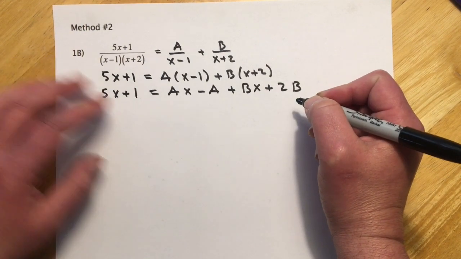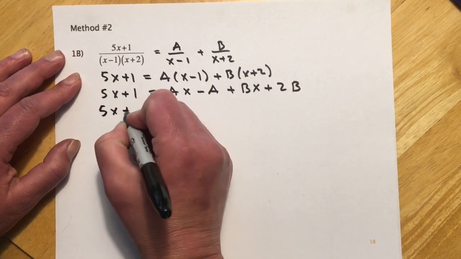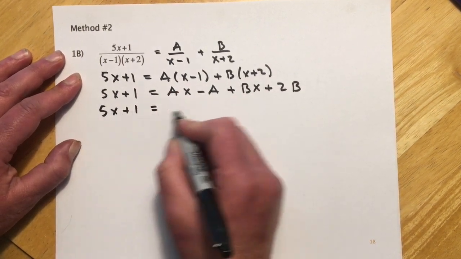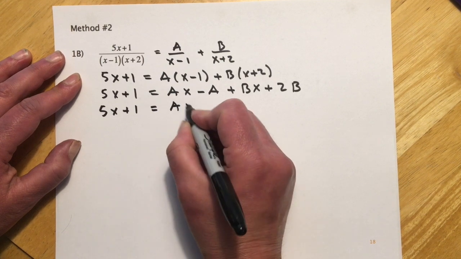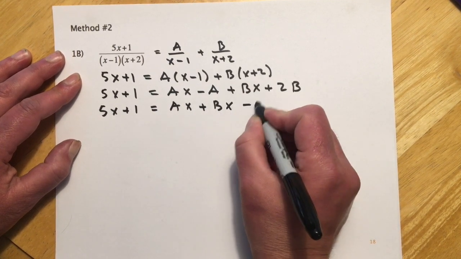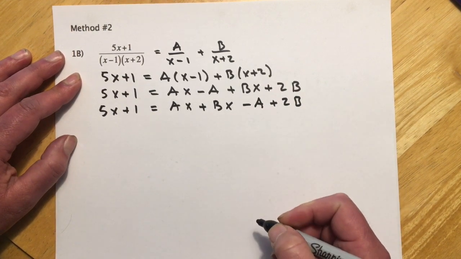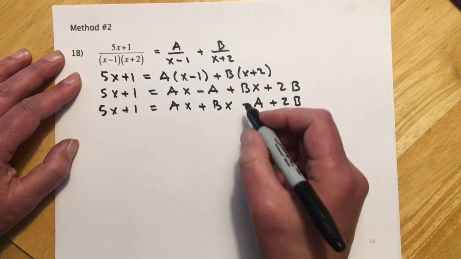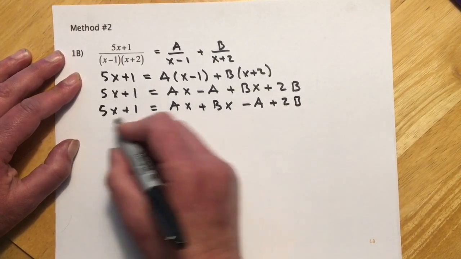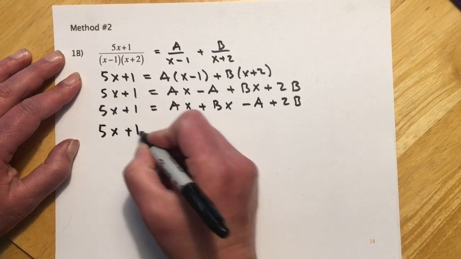And then I want to group up my x's and my constants. So that's going to look like 5x plus 1. Important not to lose that side of the equation. Ax plus bx, and then minus a plus 2b. So then what I'll do is factor out an x here, and I'll show you, it'll make more sense once I do it.